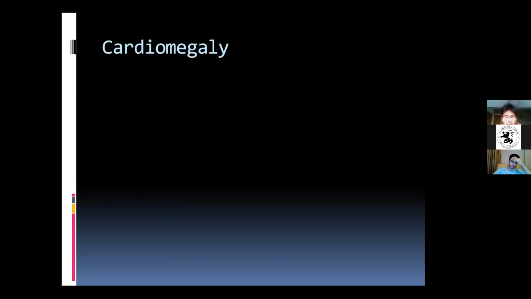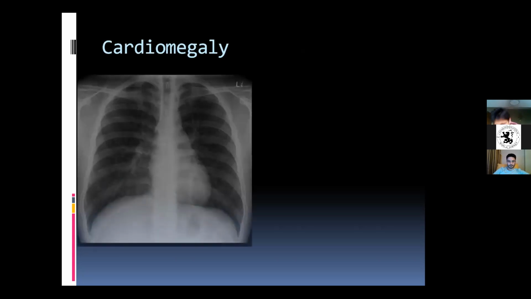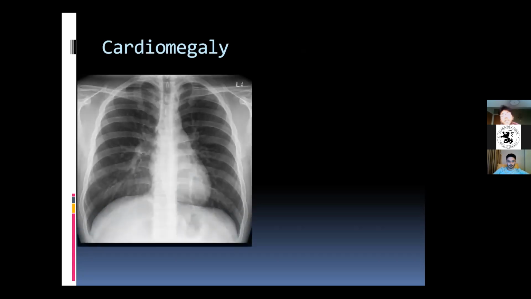Cardiomegaly. How can we define cardiomegaly? What do we have over here? Number one, is it an AP view or is it a PA view? Good, well done. And in this case, is there a cardiomegaly? Right, so that was a trick question.